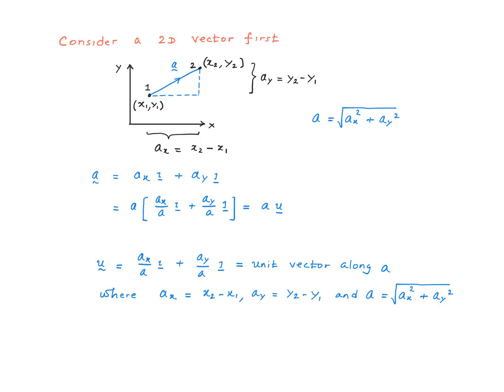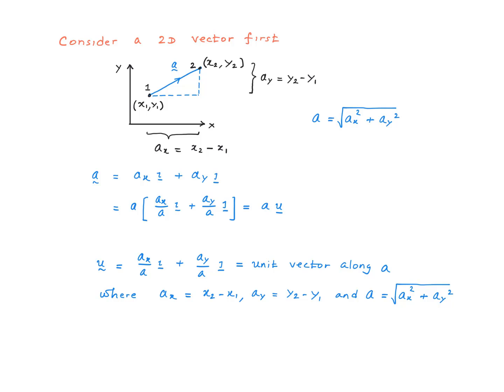Now by comparing the left and the right sides of this equation, we see that the unit vector u equals Ax over A times i plus Ay over A times j. So we achieved what we set out to do. We found the unit vector along the vector A whose coordinates are given.